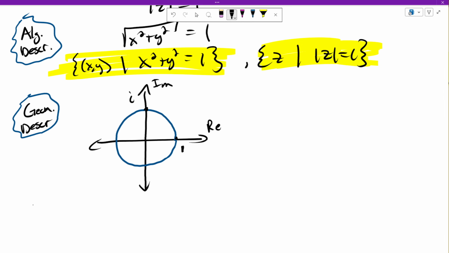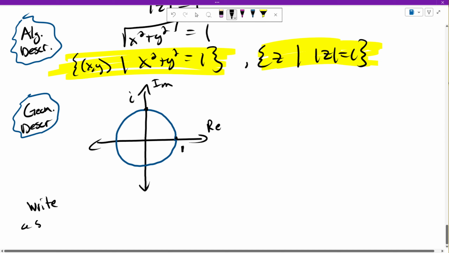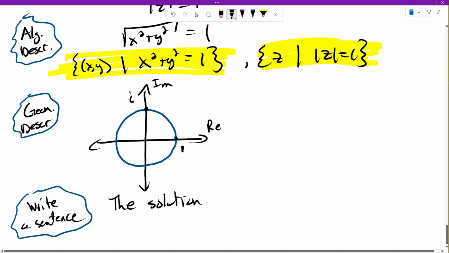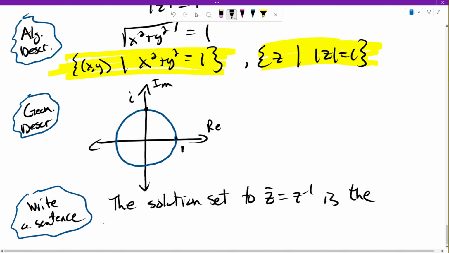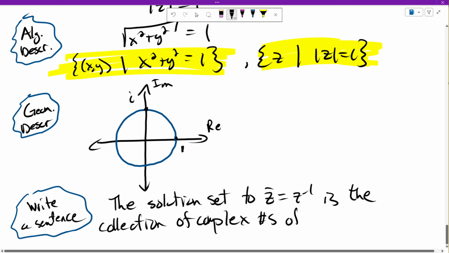And then, of course, we can write a sentence. So the solution set to Z bar is Z inverse is the collection of complex numbers of distance 1 from the origin, which is the unit circle.